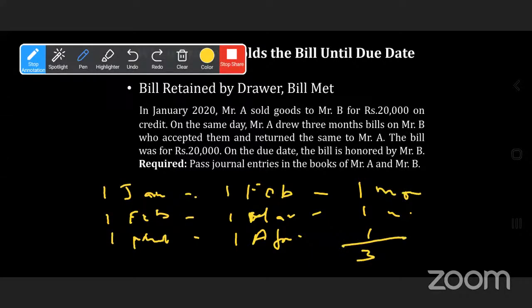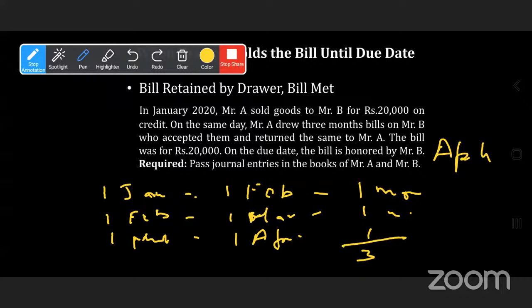So April 1st is the due date. But here we have to add 3 days as grace days to April 1st. So when you add 3 days to April 1st, the due date will be April 4th. Did you get this?